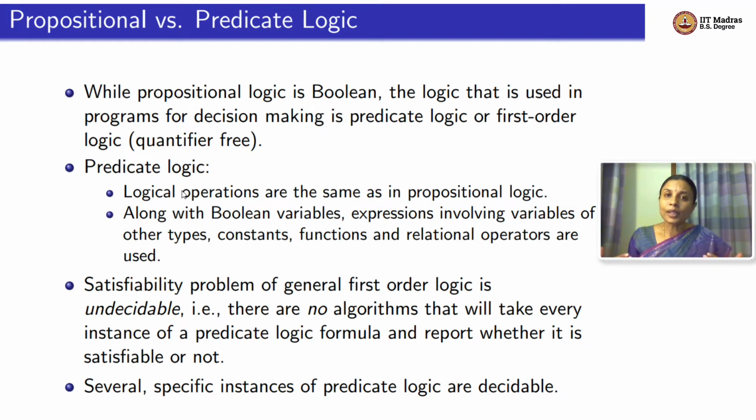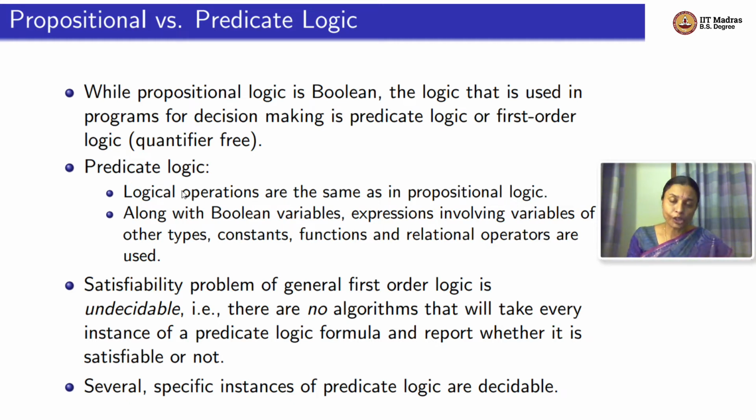This problem has been shown to be undecidable. By undecidable, what I mean is that I cannot come up with an algorithm that for all instances of the satisfiability problem for predicate logic will take that instance, the predicate, as input, and give me one set of values or even a decision about whether the predicate is true or false.